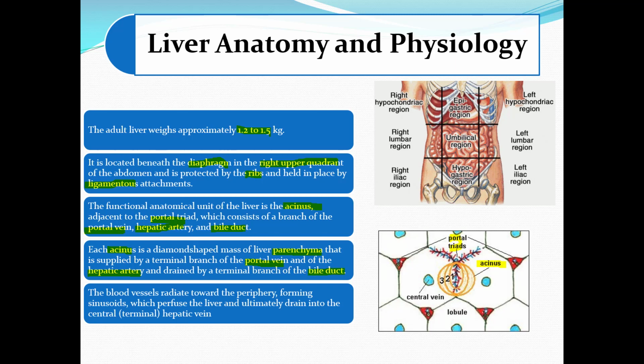The blood vessels radiate towards the periphery forming sinusoids, which perfuse the liver and ultimately drain into the central hepatic vein.